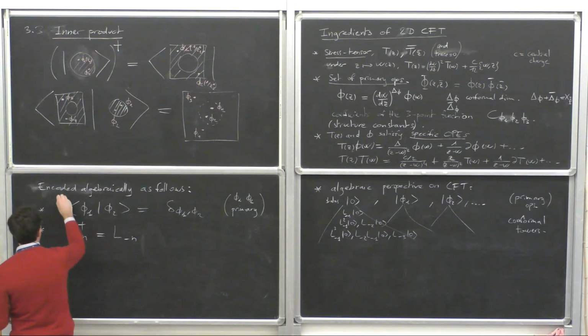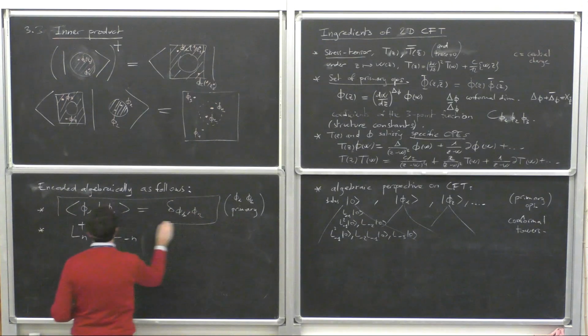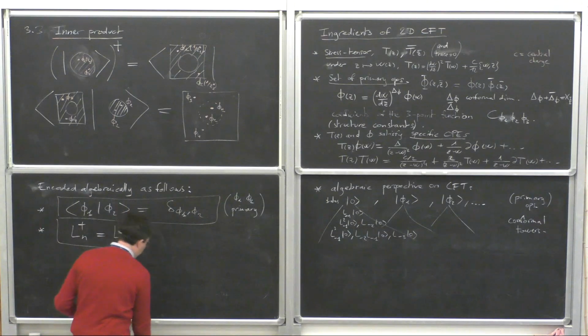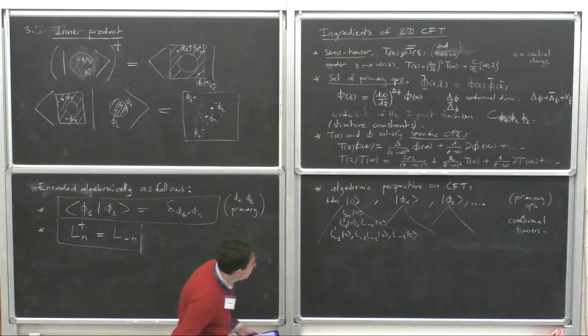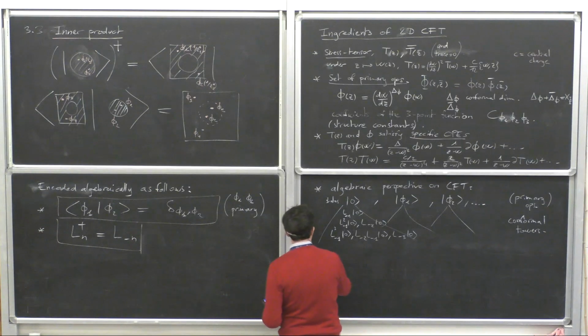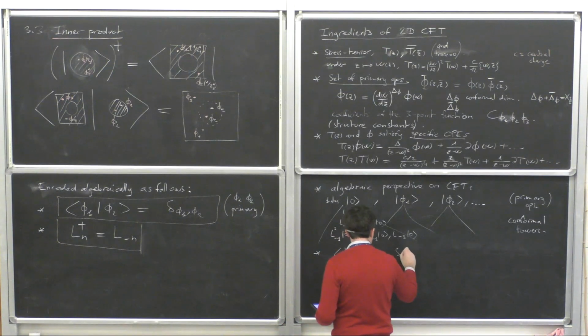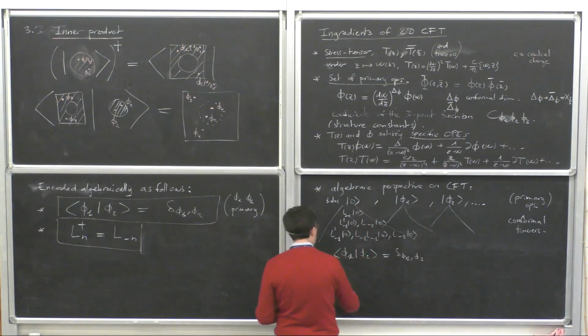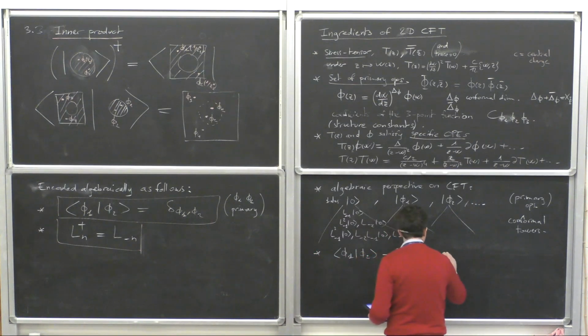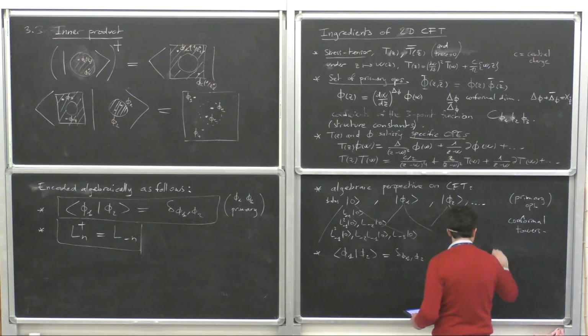Okay, so this is very important again, and this is part of the general algebraic structure. So we have our fields that satisfy this inner product. This is delta phi, so it has to be the same operator, otherwise it's 0. And the adjoint is defined as this.